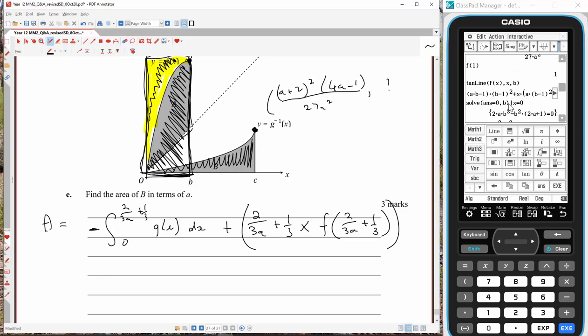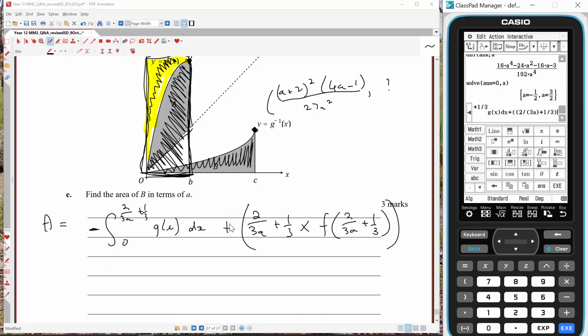These usually take just as long to type into the calculator as I do to work out what is going on with the question. So I've got negative, 2 over 3a plus 1/3, 0, g of x dx, add to brackets. I don't really know whether brackets are necessary here, but I'm just going to do them anyway. 2 over 3a plus 1/3.